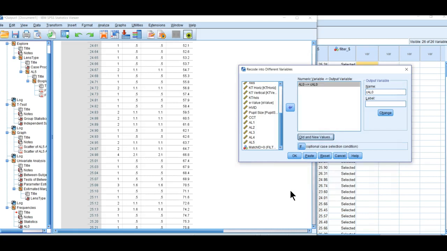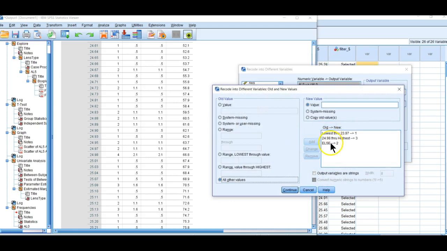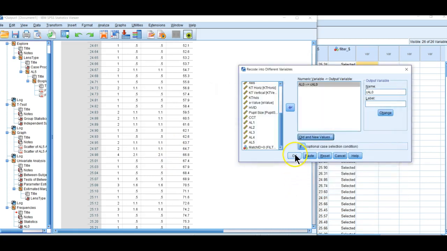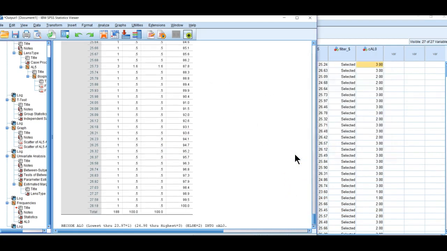So we have these three categories: lowest through 23.97, 24.98 through the highest, and those values in between are the remaining ones, and they're going to have a 2. We get that from our descriptive analysis of the baseline. So we continue that, and we say OK, and we get these categories.